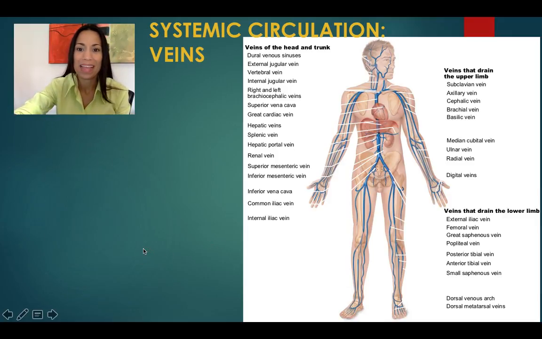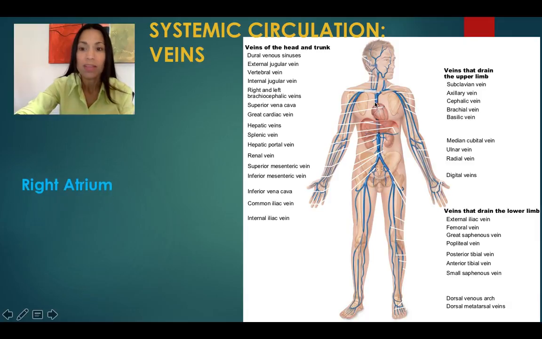Now, all of this deoxygenated blood is going to follow veins again, and they're going to open and empty all of this deoxygenated blood into the right atrium. The right atrium, remember, receives blood from three veins, right?